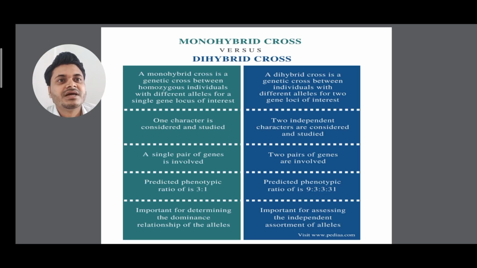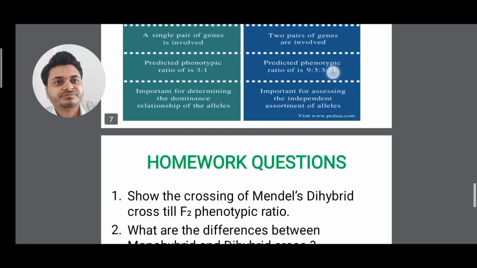One more definition they have given: a monohybrid cross is a genetic cross between homozygous individuals with different alleles for a single gene locus of interest, whereas a dihybrid cross is a genetic cross between individuals with different alleles for two gene loci of interest.